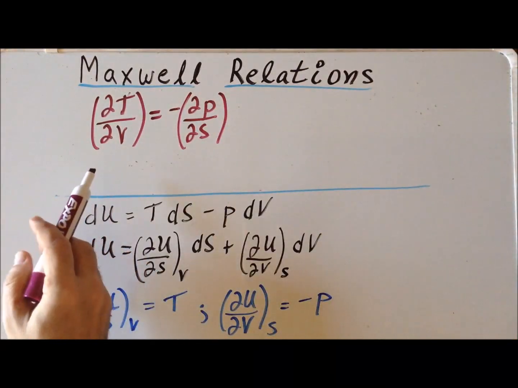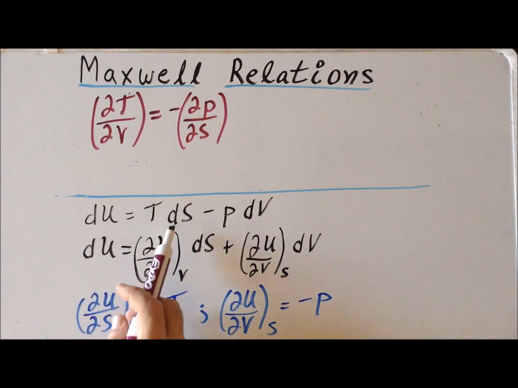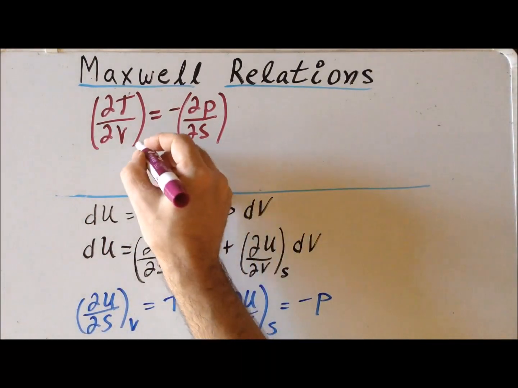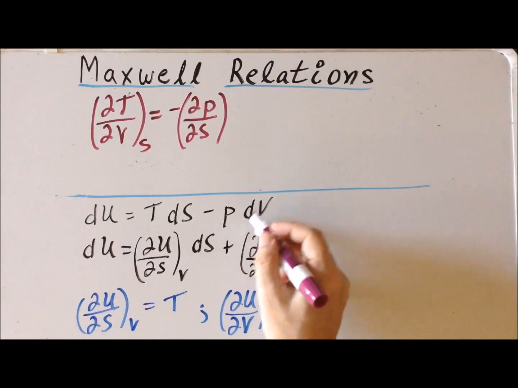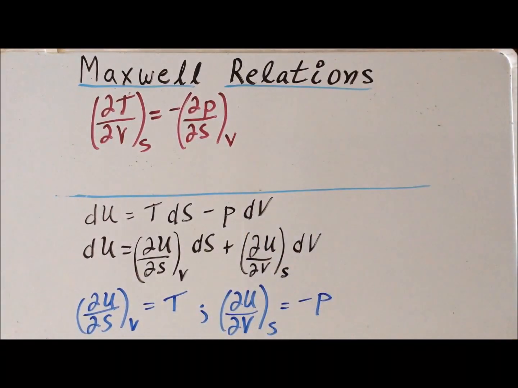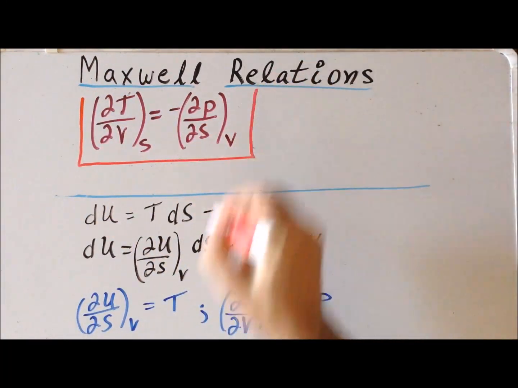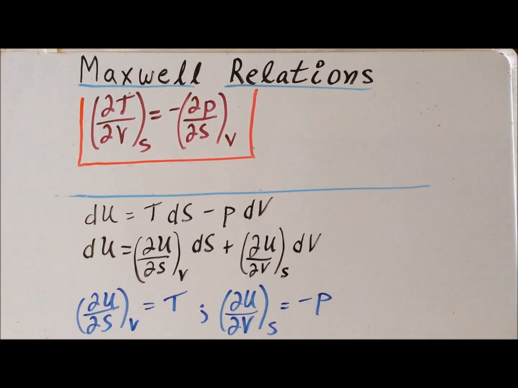And we notice that in forming this derivative we kept the entropy constant, and in this case we kept the volume constant. So as a result, we have derived the first of the Maxwell relations. And note that we were able to derive this starting with an expression for the internal energy U.